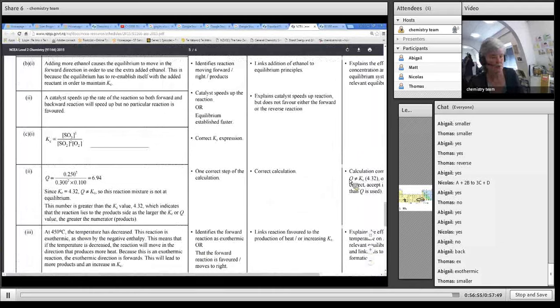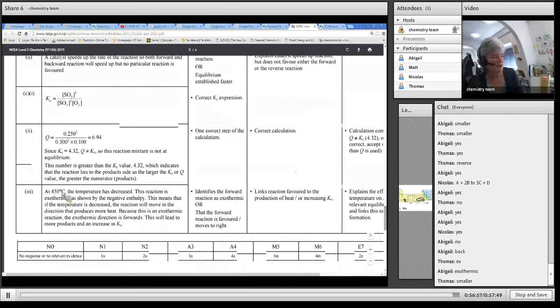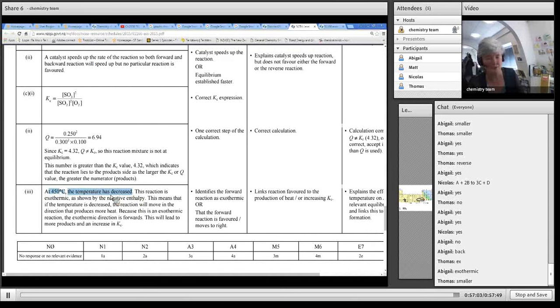Right, at 450 the temperature has decreased. It was at 600, it's now at 450. Okay, Thomas, you answered that question. I know I can get myself confused. We know the reaction is exothermic because we were told it was a negative value. If the temperature is decreased, then the reaction will move in such a way as to produce more heat.